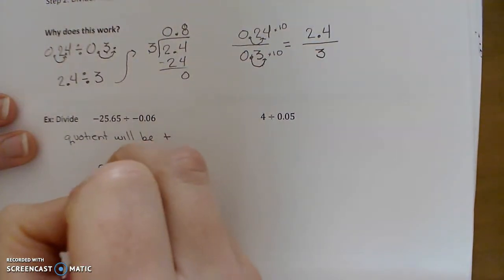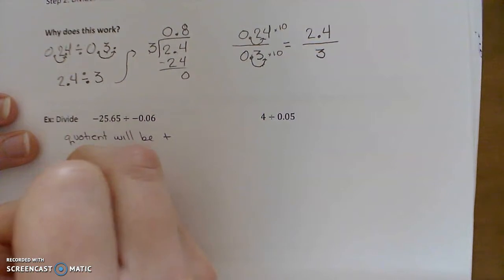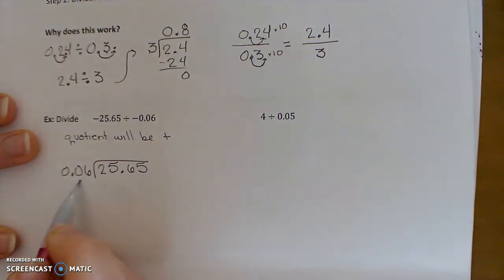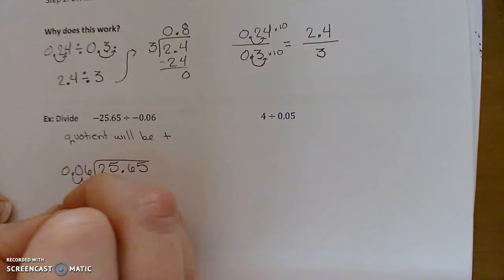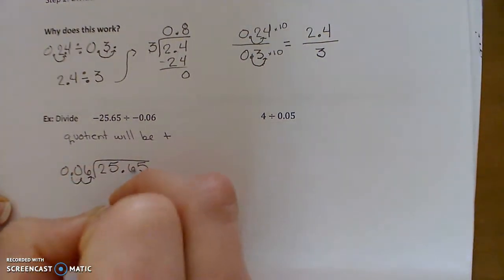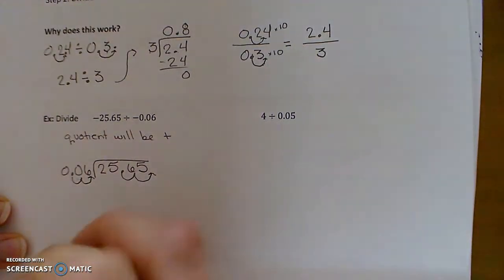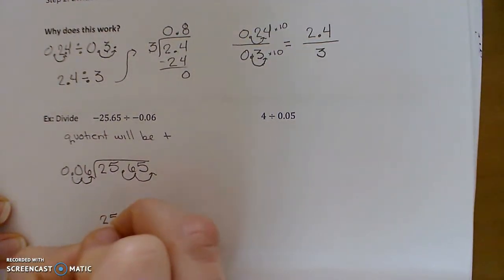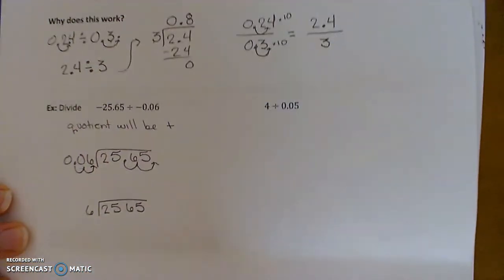So I might write it like this: 25.65 divided by 0.06. Remember, I want my divisor to be a whole number, so I'll move the decimal point over 2 places. And whatever you do to the denominator, you have to also do to the numerator, 2 places over. So really, this becomes 2,565 divided by 6. Much easier problem.